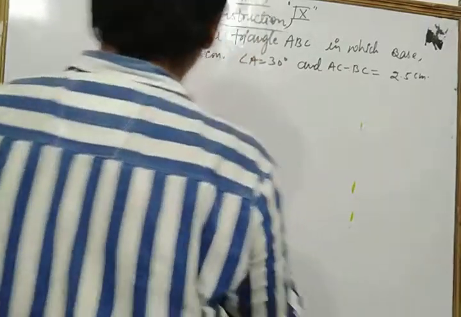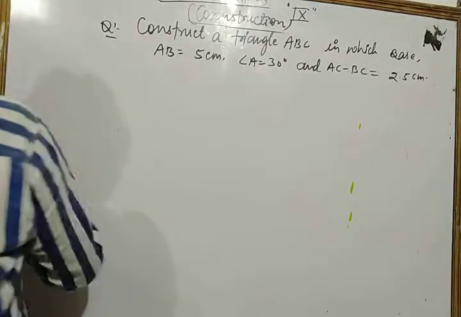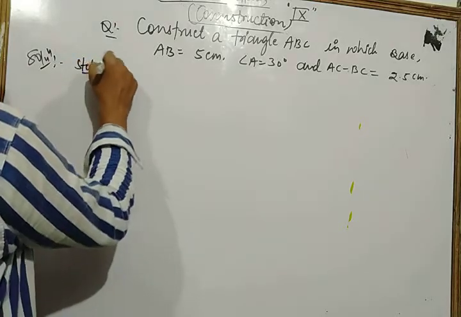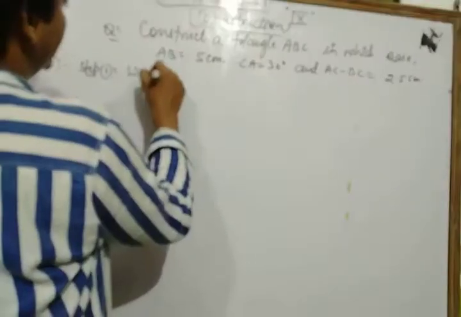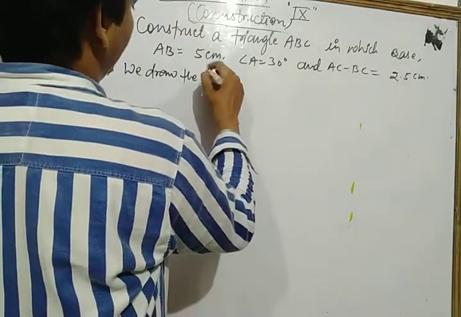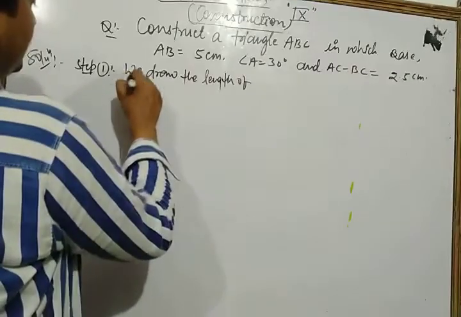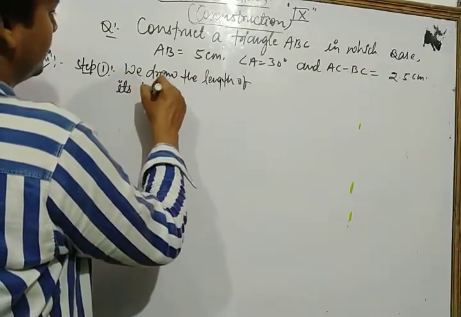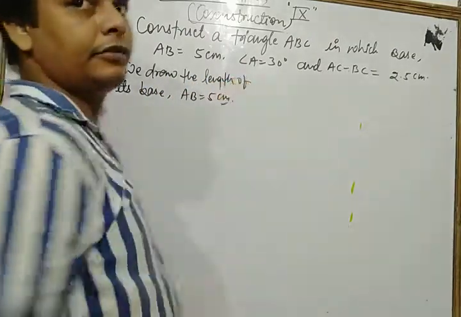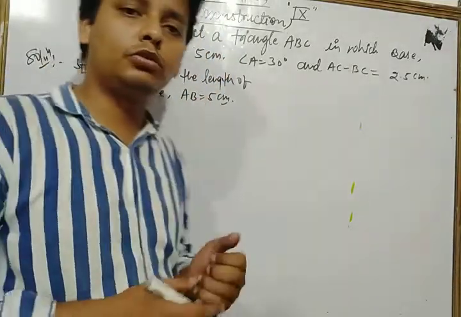So in the first step, we draw the length of its base, that is AB equal to 5 centimeter.